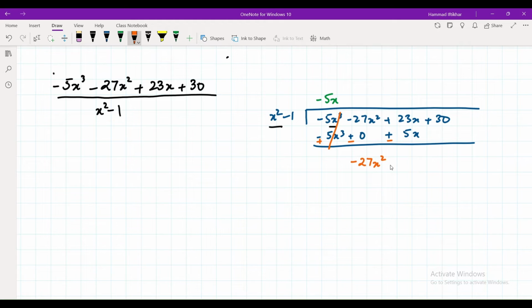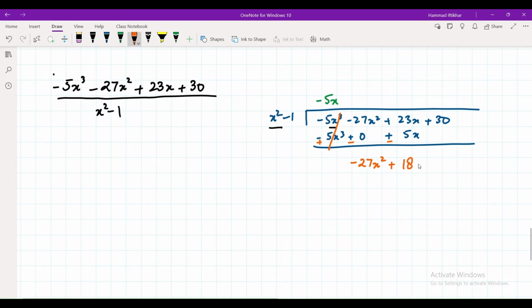And what is 23 minus 5? 18x, my bad. Now what we do is we need to get 27x squared, so we multiply with negative 27 to get negative 27x squared, and negative 27 times by negative 1 becomes positive 27.